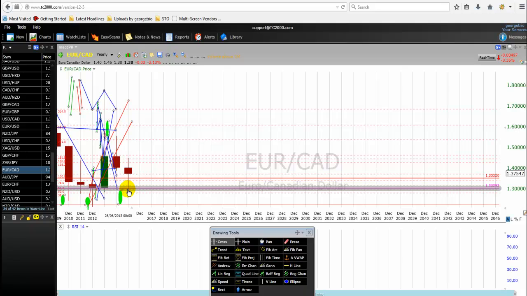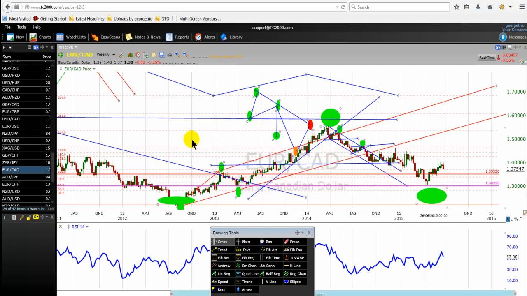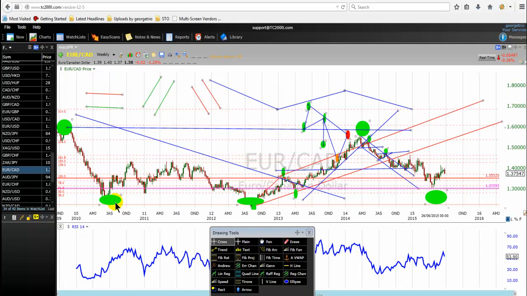Okay, it makes sense. So this is about the validation of a chart pattern. A common trading mistake, as I explained to you before, is that a lot of traders will see a chart pattern on a daily chart, on the hourly chart, on the 2-hour chart, on the 4-hour chart, and they will go and trade it. Now, sometimes it may work, sometimes it may not work.